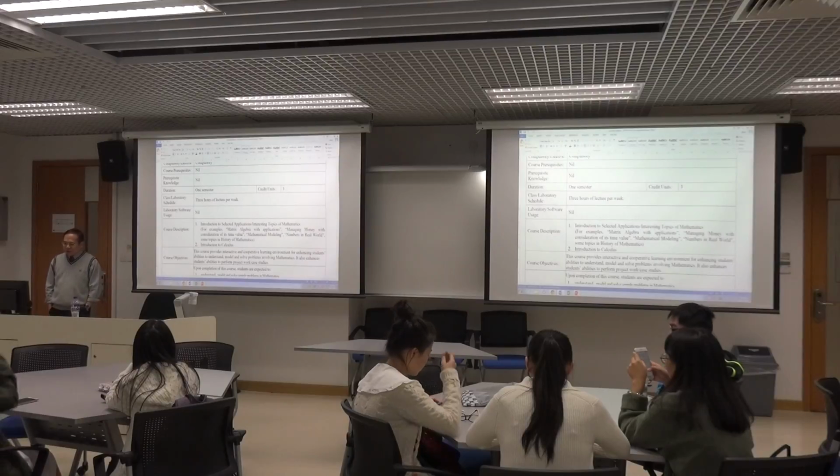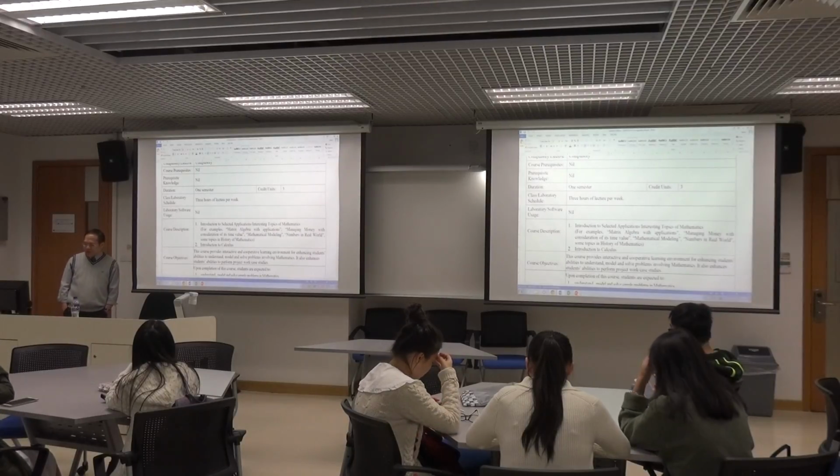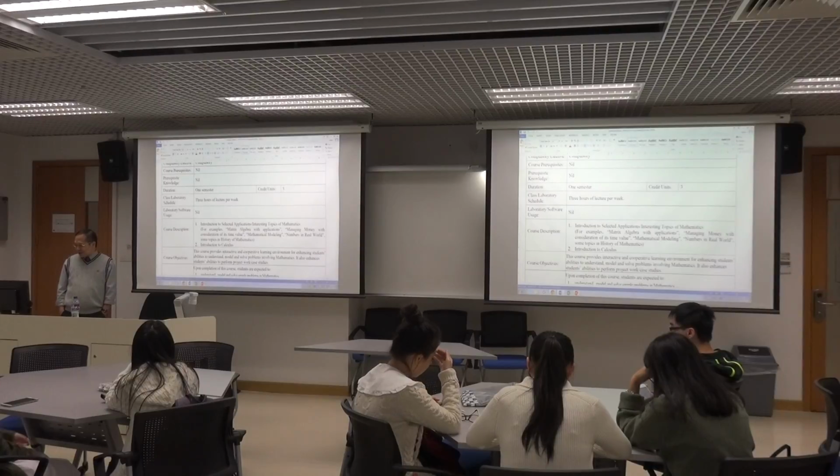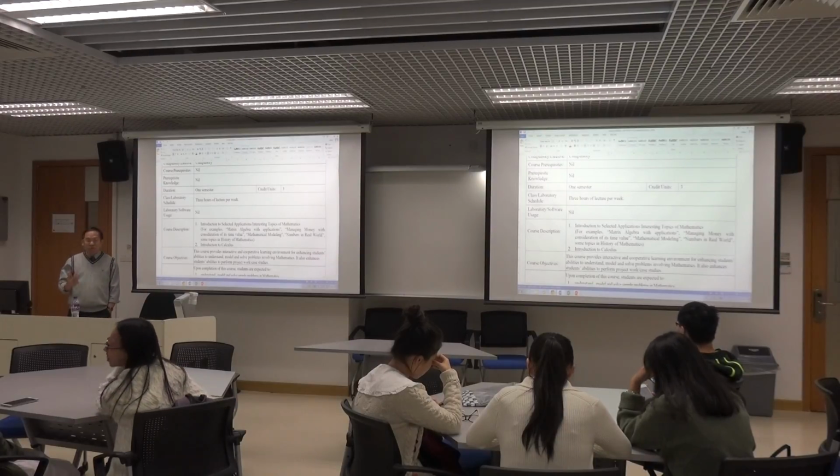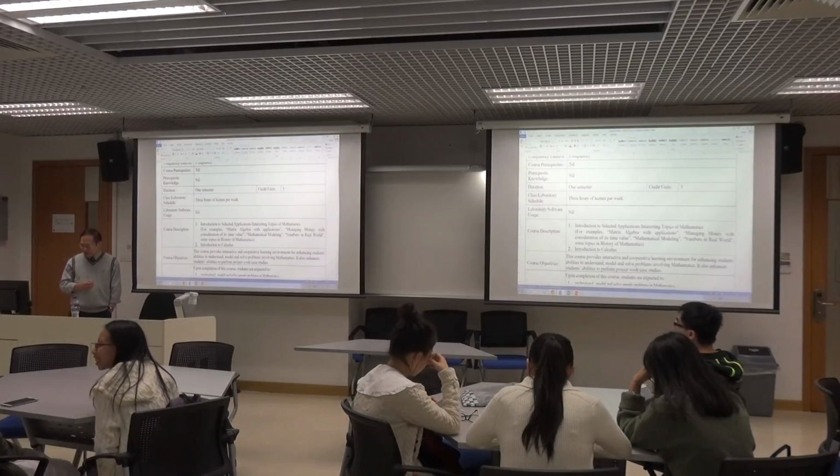For example, matrix algebra, we did not do this. Managing money with consideration of its time value, we did not do this. Mathematical modeling, we did a lot. Numbers in the real world, we did a little bit. In the last class, for example, the energies and populations. Introduction to calculus, we did a lot, all right?